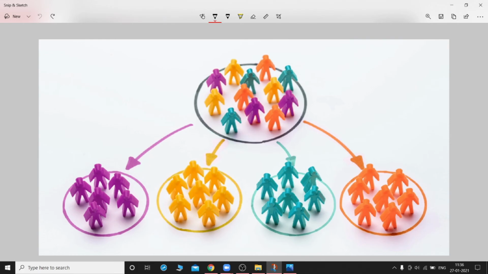It can also be used in market segmentation. Various types of data can be segregated based on what the customer really needs, and it can be useful for both the customer and the company, to segregate the market in such a way that it's beneficial for both the parties.